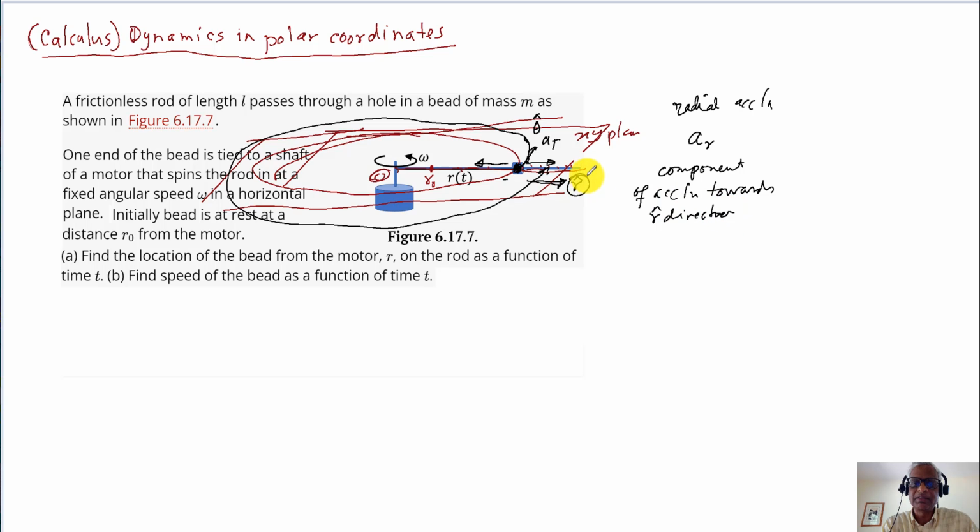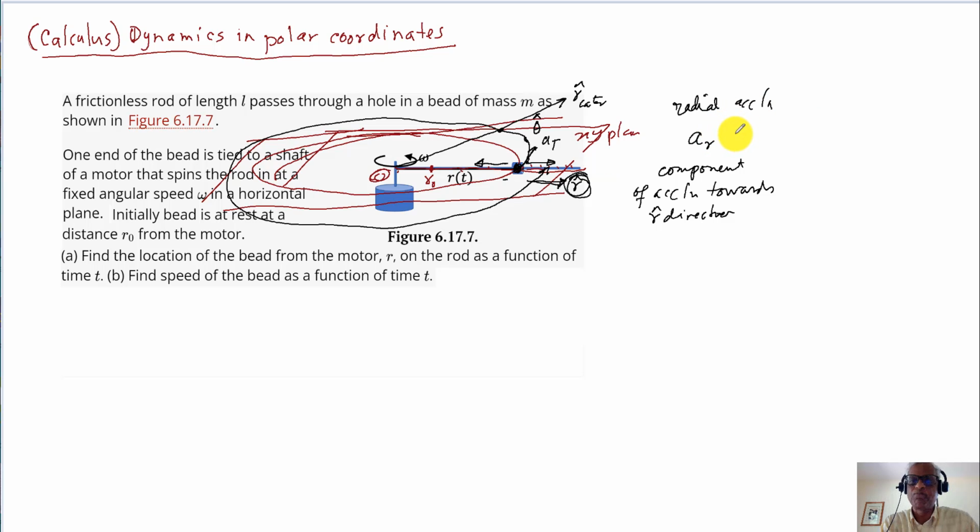And this r hat direction is very tricky because when this object is over here, the r hat direction is that way. So the r hat direction later is in that way, and in some other places, when it's over here, the r hat direction is exactly opposite of this r hat direction. So you have to be very careful.